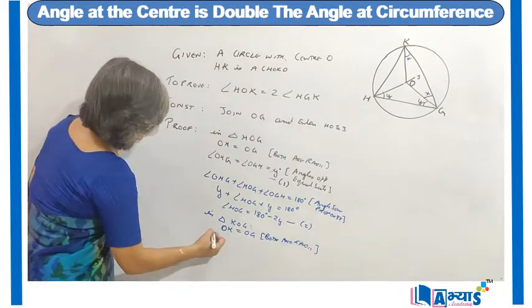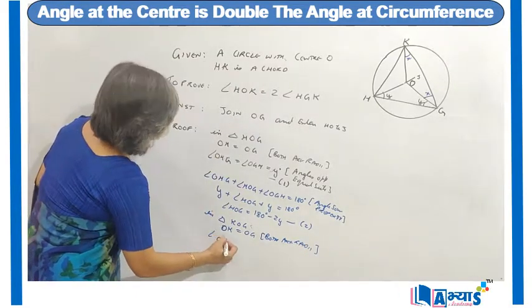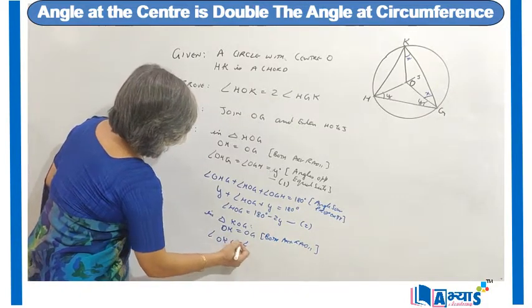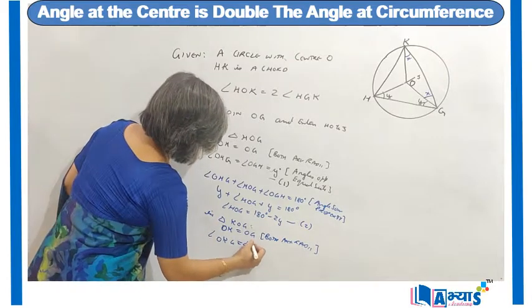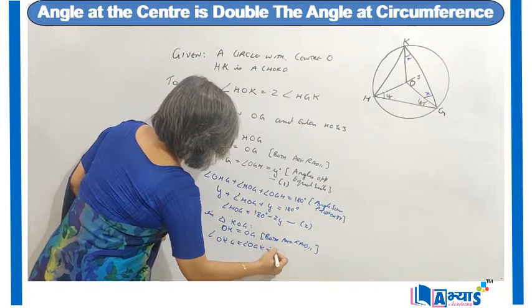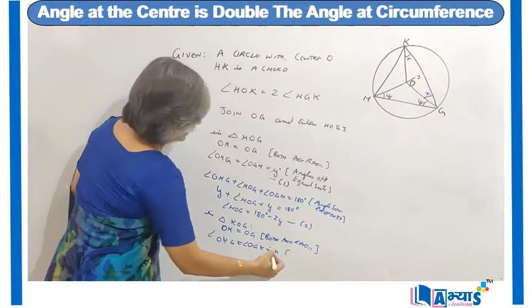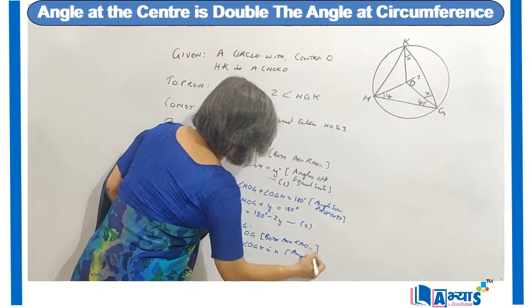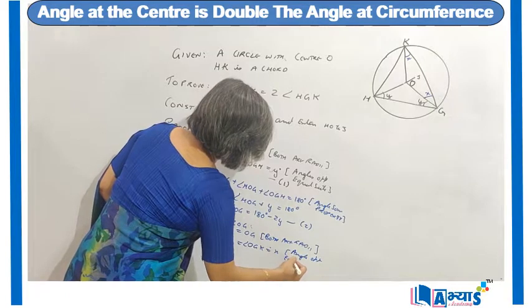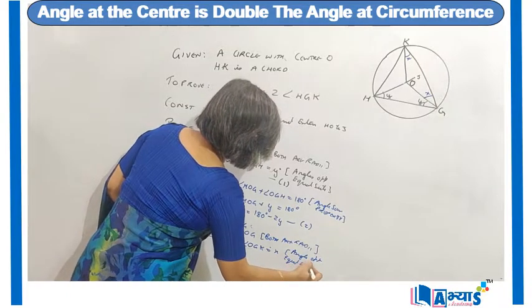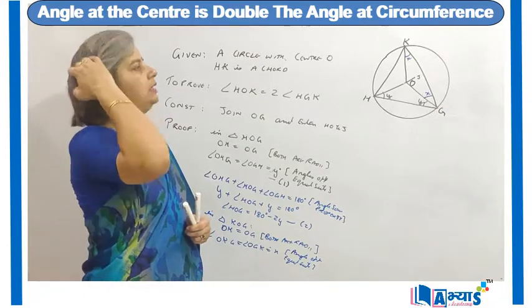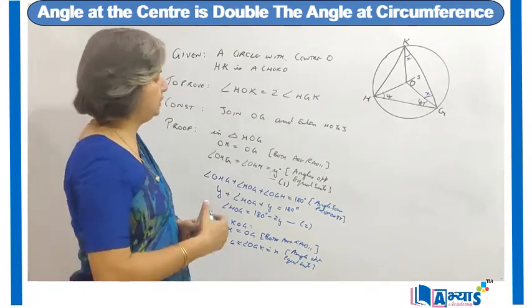So we can say that angle OKG is equal to angle OGK, let us suppose equal to X, angles opposite equal sides. As the sides OK and OG are equal, the angles are equal, let each angle be equal to X.